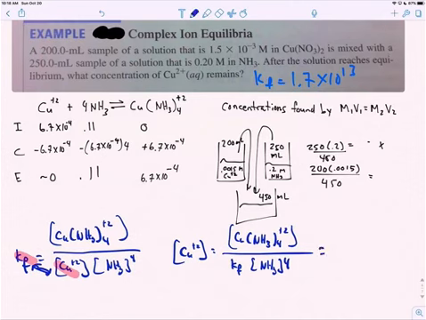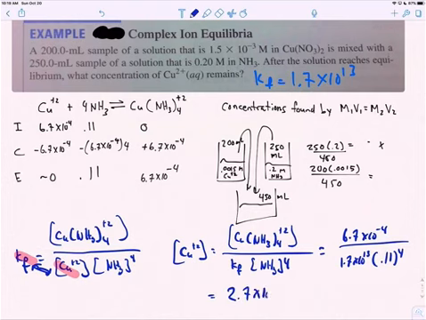And put in the numbers: 6.7 times 10 to the minus 4 all over the Kf, 1.7 times 10 to the 13, times ammonia, 0.11 to the 4th. Put that in our handy dandy calculator, and you get 2.7 times 10 to the minus 13 molar.